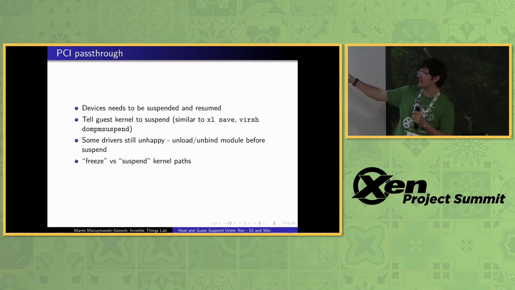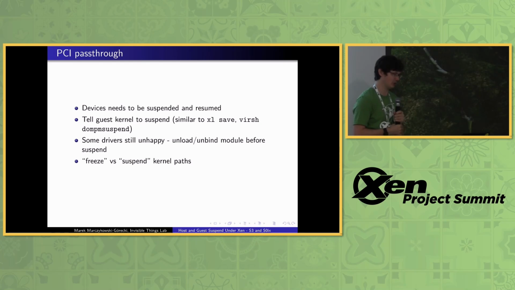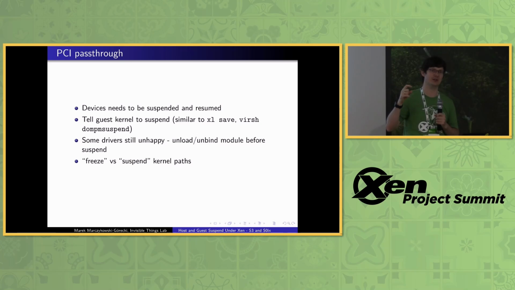Apparently there are two code paths in the Linux kernel for suspend. One is called freeze, and another is suspend. The path used to save a guest to disk is the freeze path, and depending on the drivers, not all drivers have the callback to suspend devices when calling this freeze path, only for suspend.